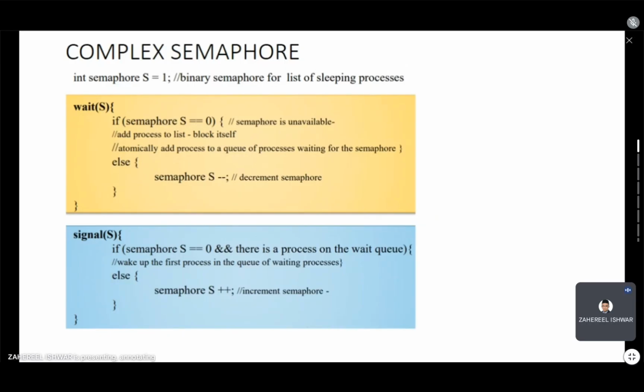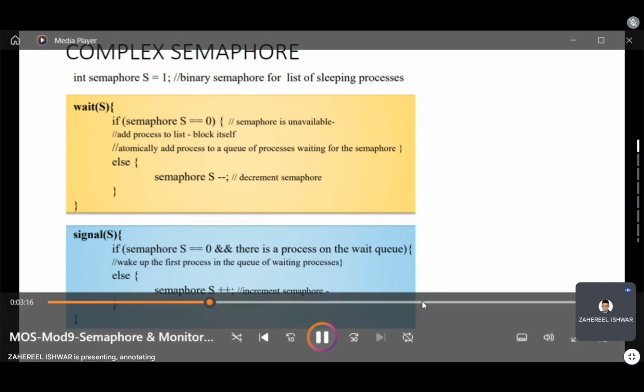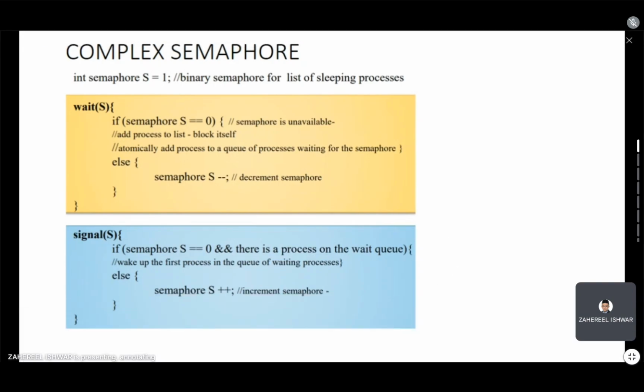If you remember, in the simple semaphore, when we issue the wait operation and we check if the semaphore value is negative, in other words, it's 0, it means the resource that we're looking for or the critical section that we want to enter is currently being utilized by another process. So what we do, we keep on checking, keep on looking, like calling on that operation. So we are actually utilizing the CPU time.